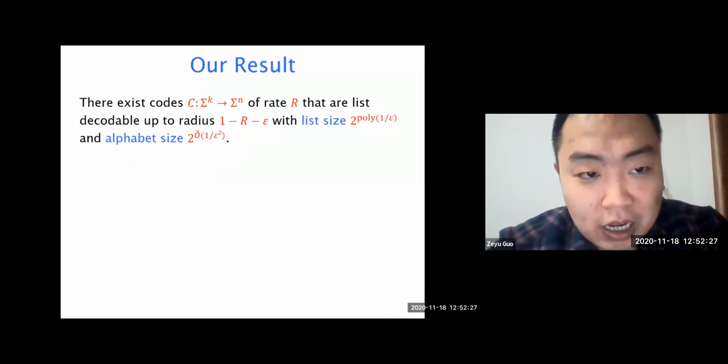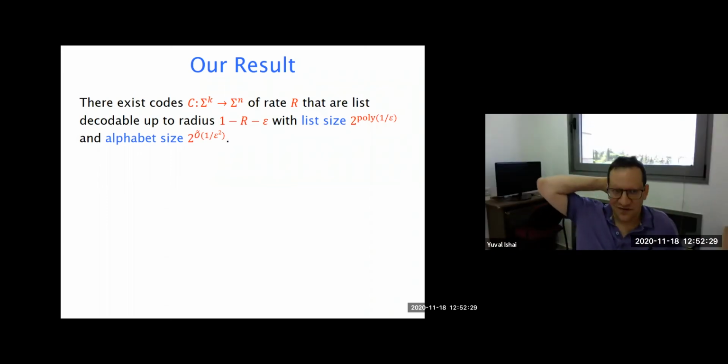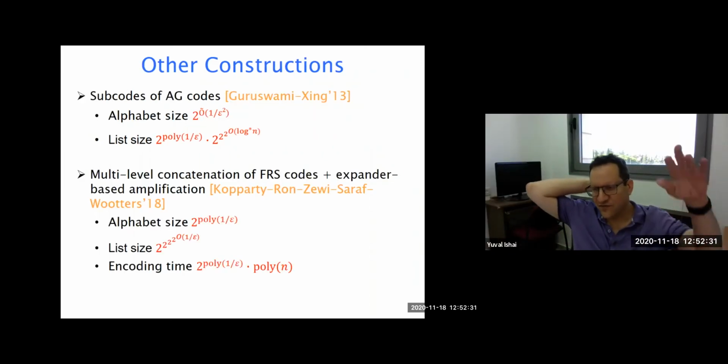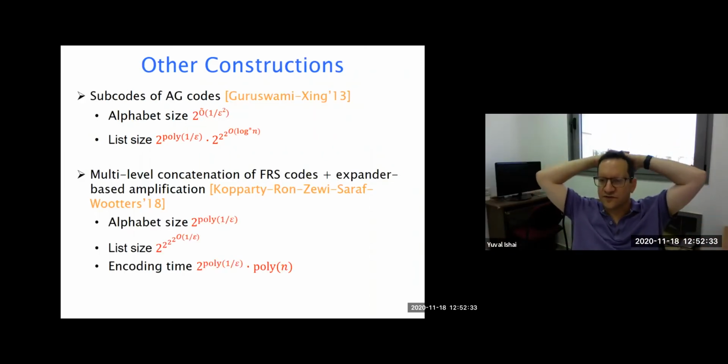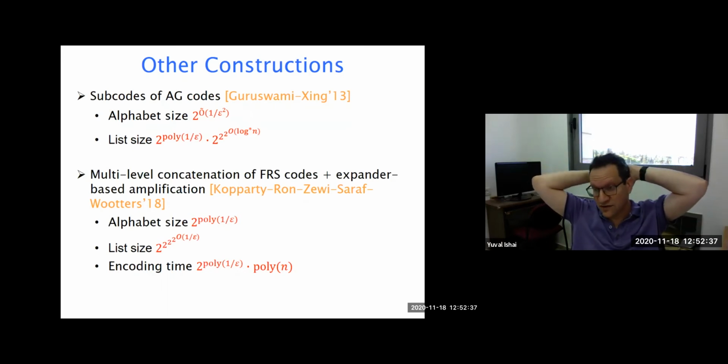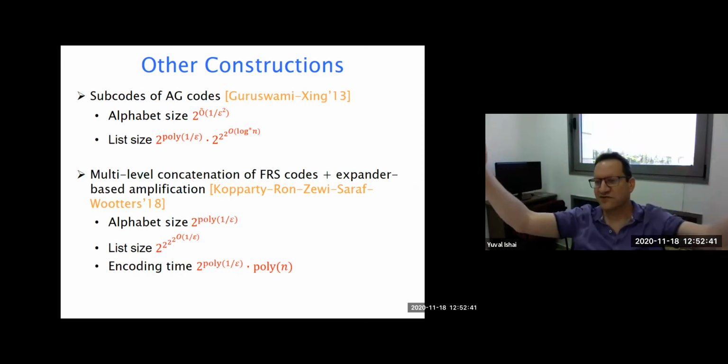So here's our result. Just a question. Sorry for interrupting before your results. So about these previous results, some of these results on, say, algebraic decoding, you have a simple abstraction of what is special to Reed-Solomon codes.